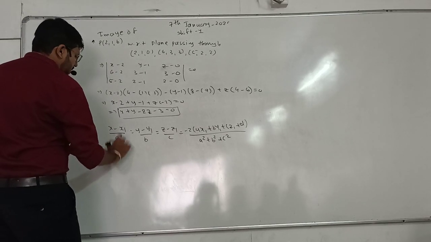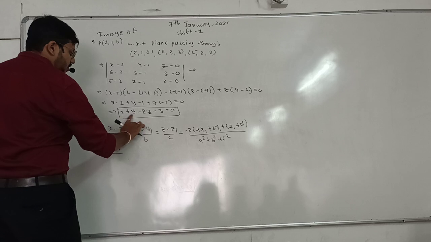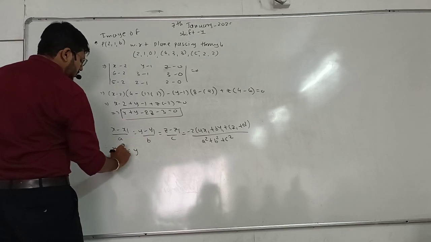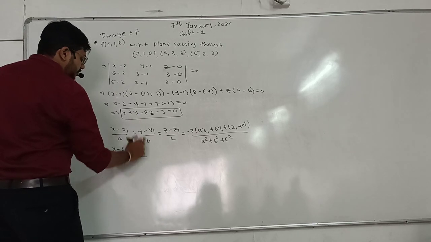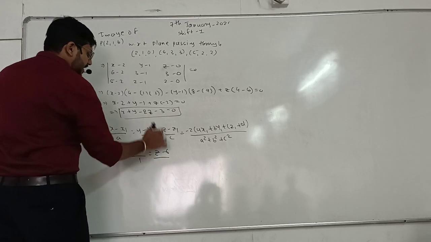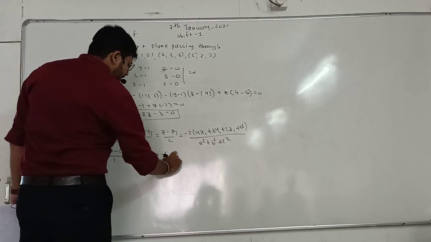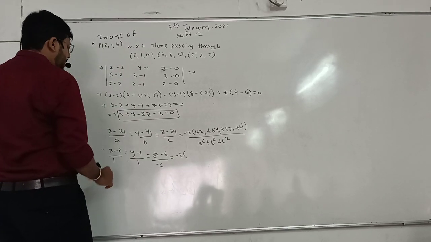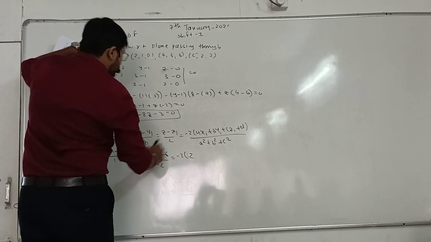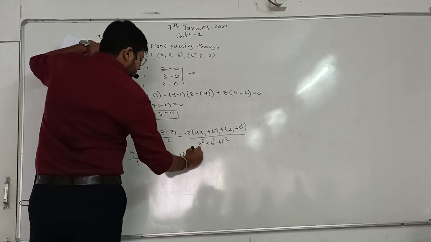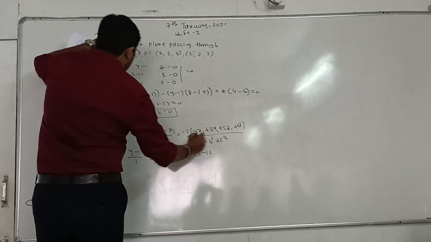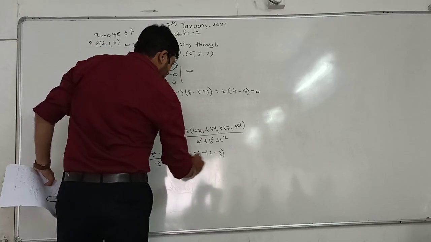So (x − 1)/a, (y − 2)/b, (z − 6)/c, where a, b, c is the normal of the plane, is equal to −2(ax1 + by1 + cz1 + d)/(a² + b² + c²). Here ax1 is 2, bx1 is plus 1, cz1 is minus 12, and d is minus 3.